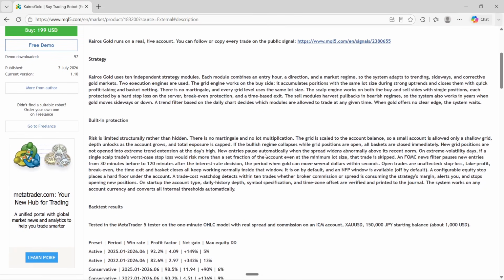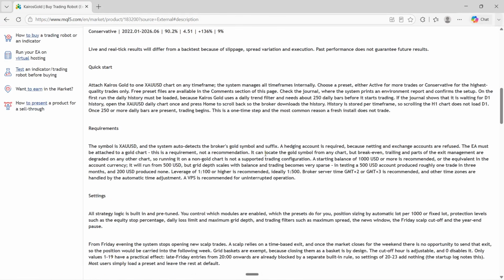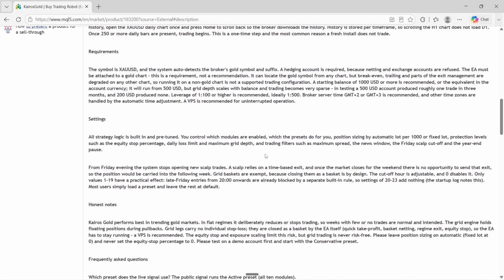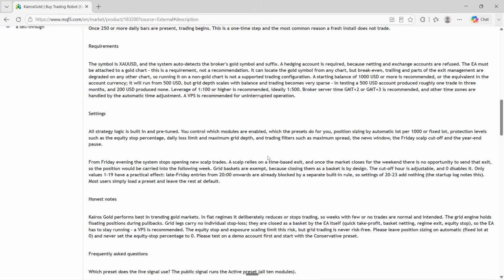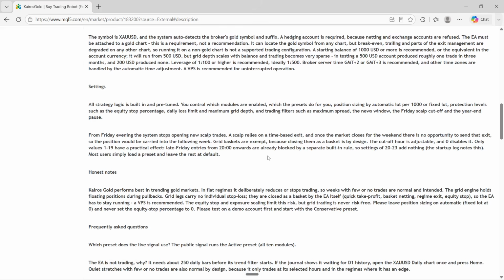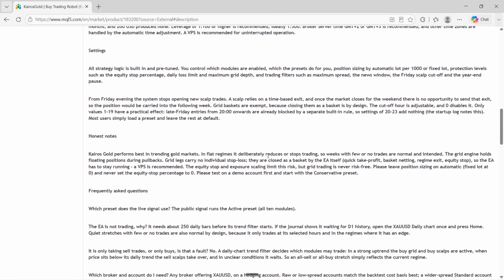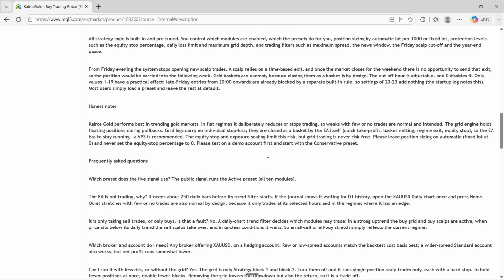As for the features, the key features include the 10 modules with regime filtering, same lot buy side grid, no lot multiplication, hard stop scalp trades, FOMC news filter, equity stop, spread and cost watchdogs, automatic environment checks on startup, active and conservative presets, and the ability to disable the grid modules for pure single position operation.